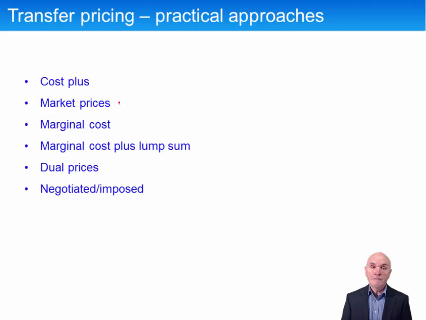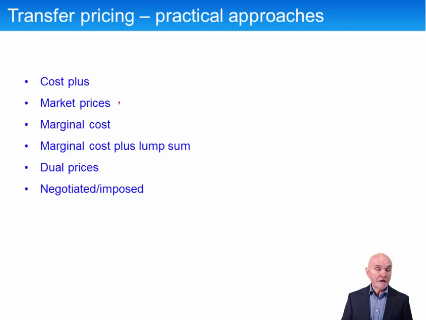That's the lump sum. So as goods are being transferred on a daily basis, it's done on marginal cost. Then at the end of the period, there's a big transfer from the buying in division to the selling division, the first division, to give the first division the opportunity of some profit.